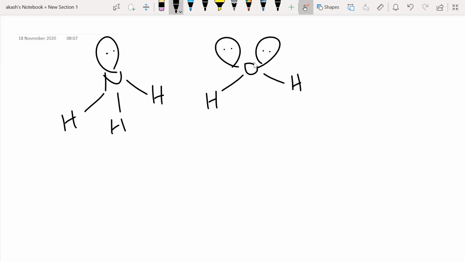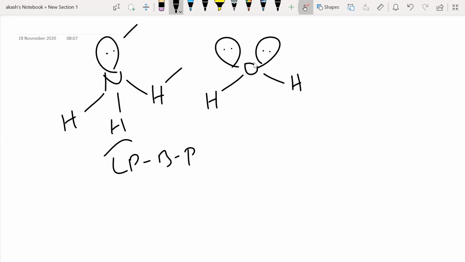Now I want to compare which is going to have higher bond angle and which is going to have lesser bond angle. Now we'll see how this goes. In NH3, you have just lone pair, bond pair repulsions. There is a lone pair, there is a bond pair, so I can have lone pair, bond pair repulsions.